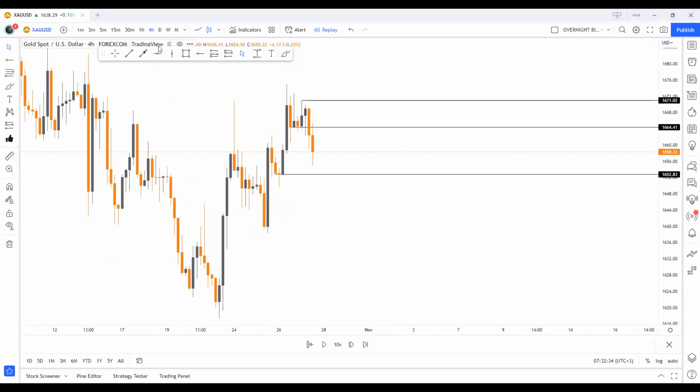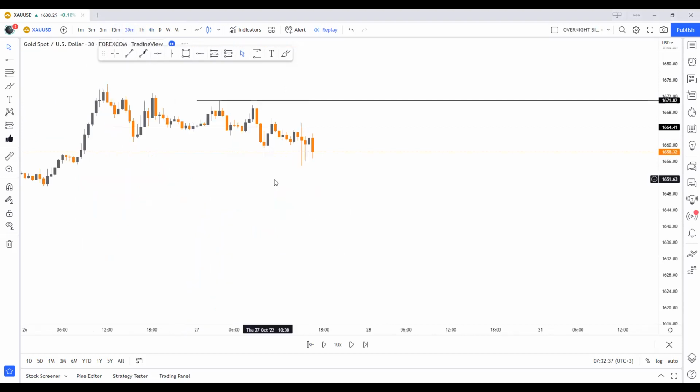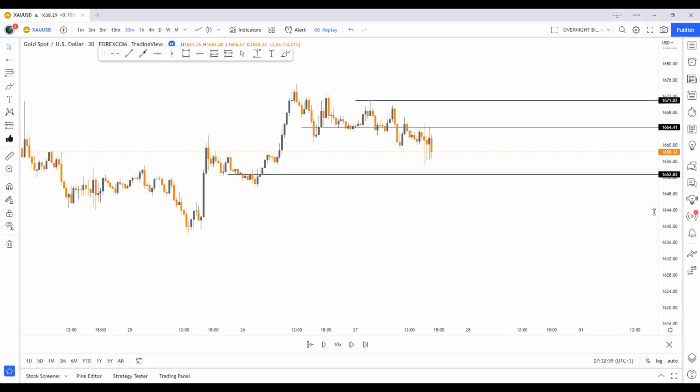So I will go down to the 30 minutes time frame to look for an entry around this area.